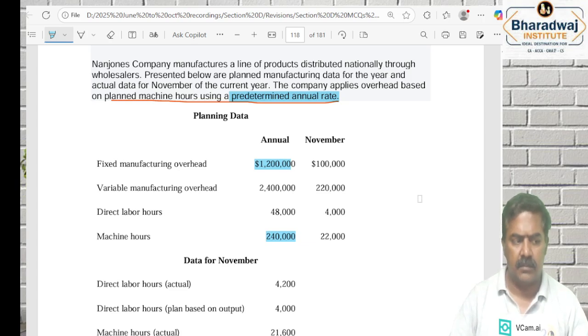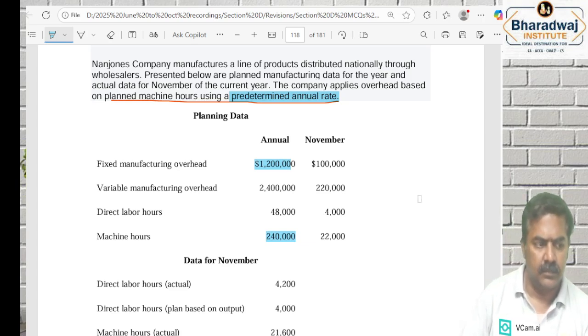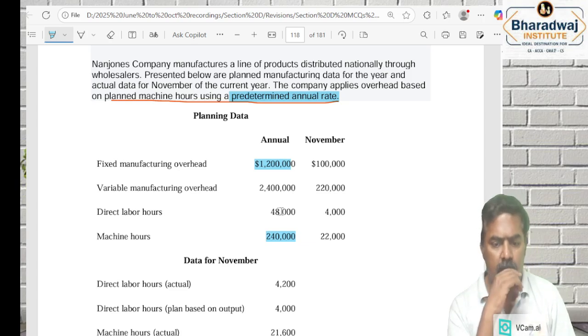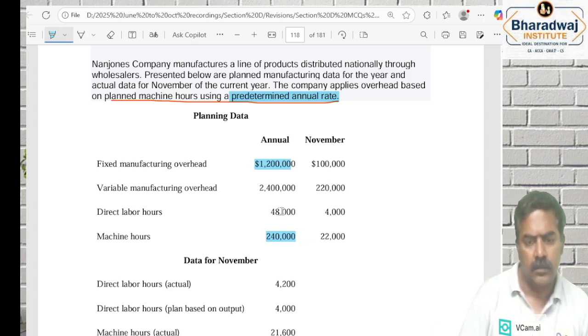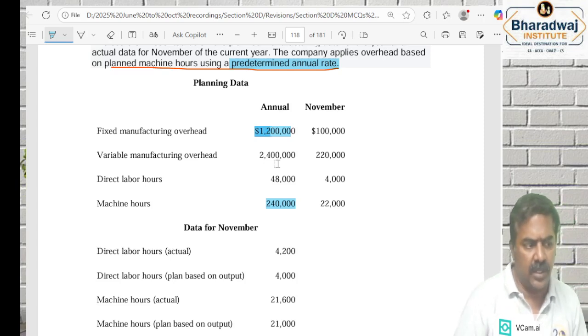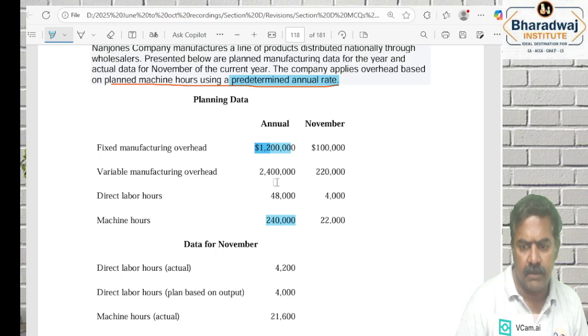What is the rate? 12 lakh divided by 2 lakh 40,000. 12 lakh divided by 2 lakh 40,000, into actual hours.